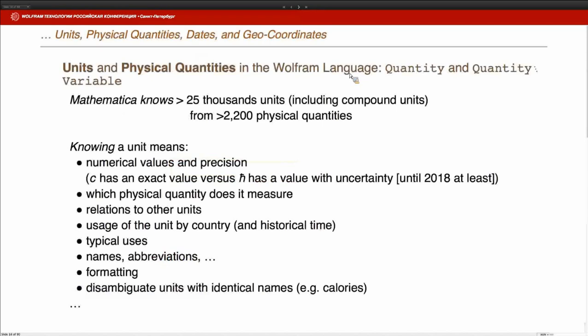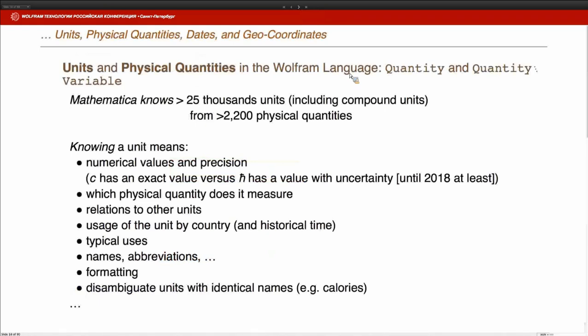So what does it mean to know a unit? We must know its value and its precision. For instance, today the speed of light is an exact value, versus the value of the Planck constant, which is known with a certain uncertainty. This will probably change in the year 2018 and it will also become exact, but there will always be some constants that are exact and some that are inexact.